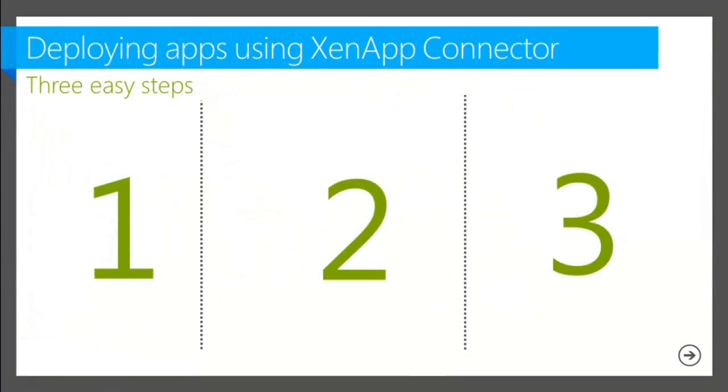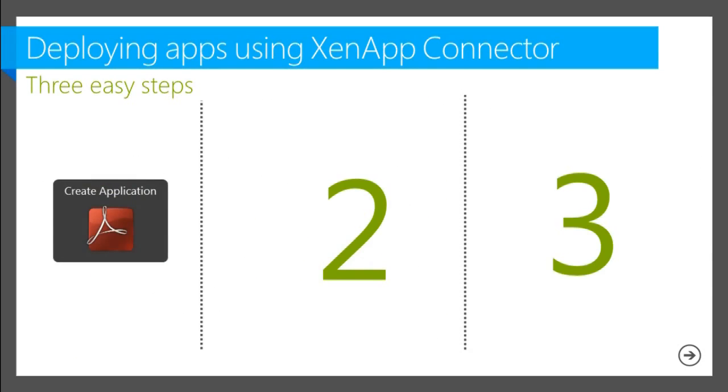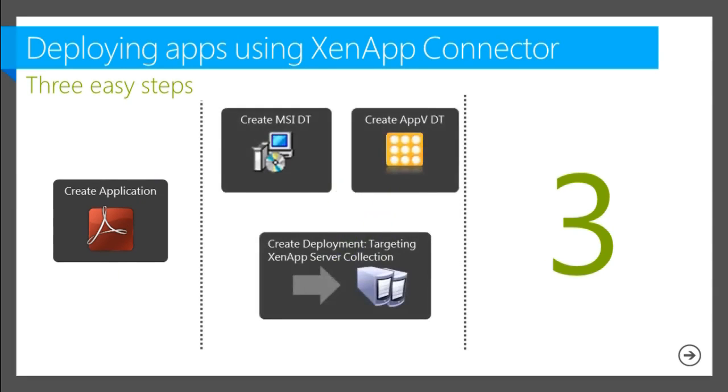So deploying applications using the connector is actually a very simple administrative process. There are 3 easy steps for administration. First step is for the admin to create the application in the config manager console. The second step is to define a base deployment type for it, which could be either an MSI or an AppV, and then deploy that application to your XenApp farm collection using one of these 2 deployment types as a required deployment.